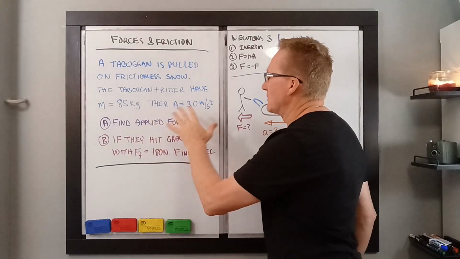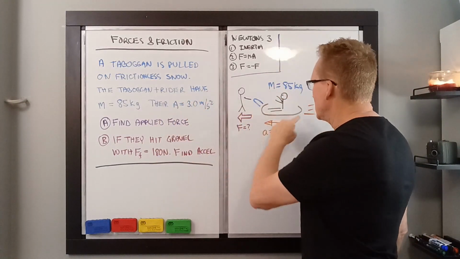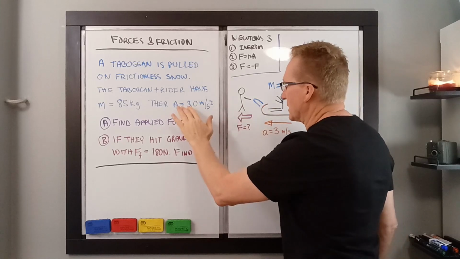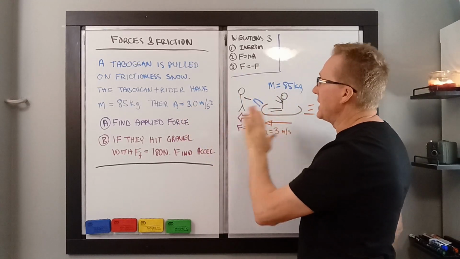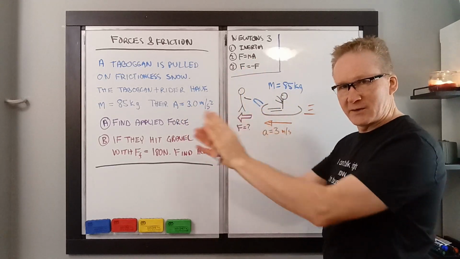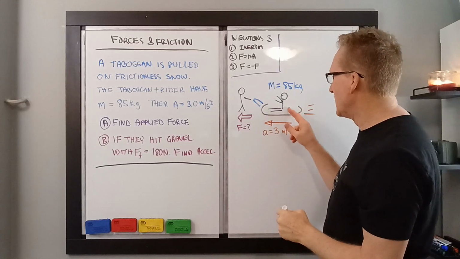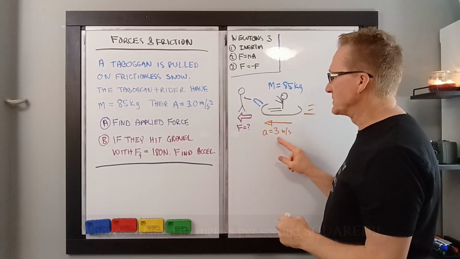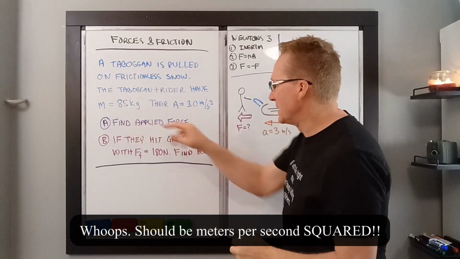So here we have this thing, and we have this total mass here, and it's accelerating. So that means, just like Newton's second law, there is a net force in that direction causing it to accelerate. And that acceleration is 3 meters per second. The mass that's being accelerated is 85.